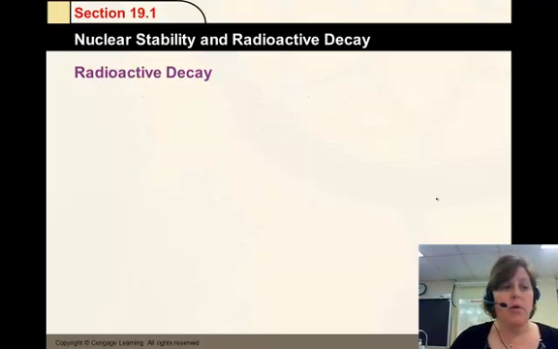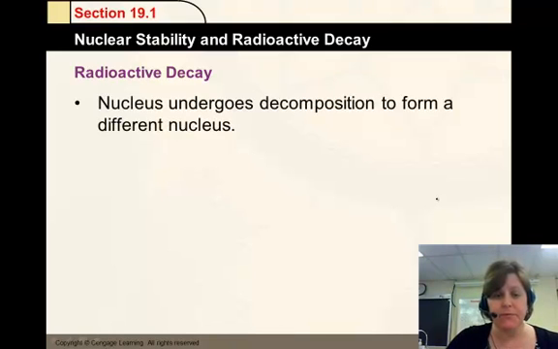So when the nucleus of the atom is unstable and it breaks down, this leads to what we call radioactive decay. What makes a nucleus stable or unstable? Well, when a nucleus is unstable, it does undergo decomposition. Why does it do that? It tries to form something more stable, or a different nucleus.